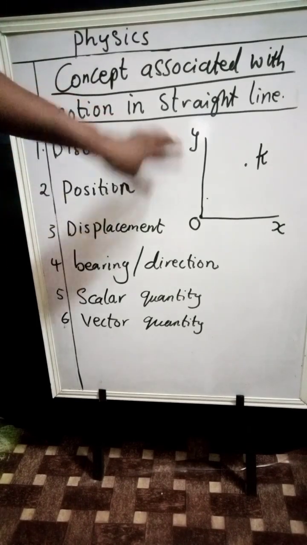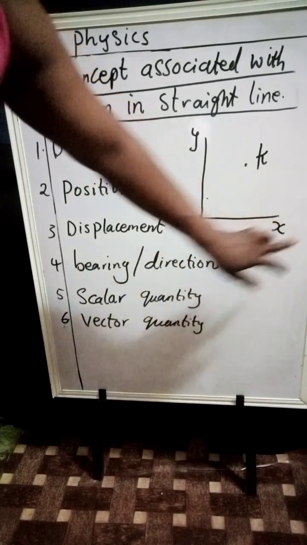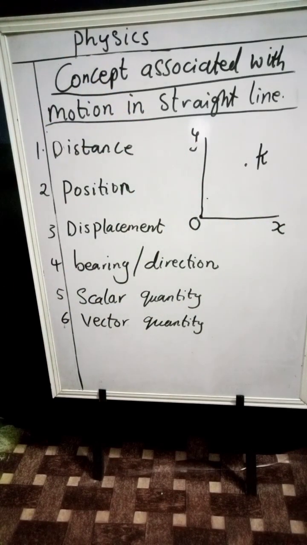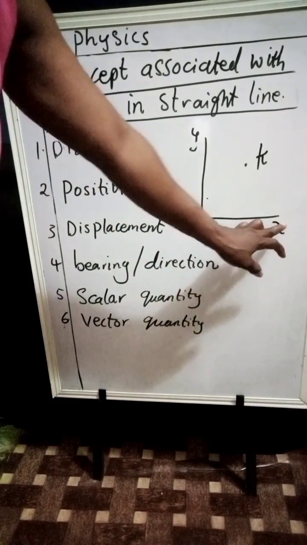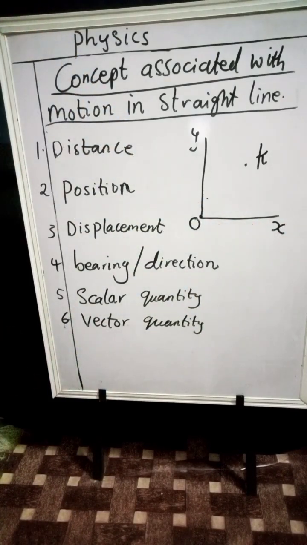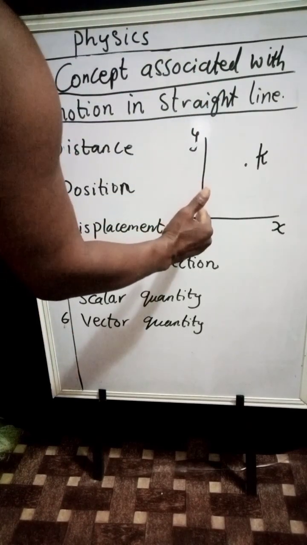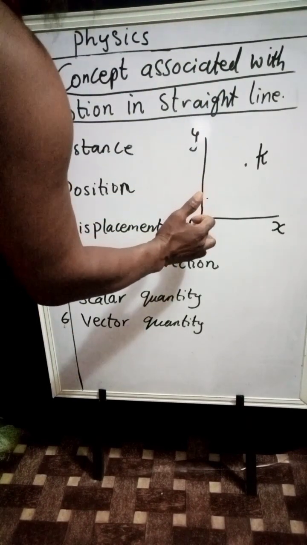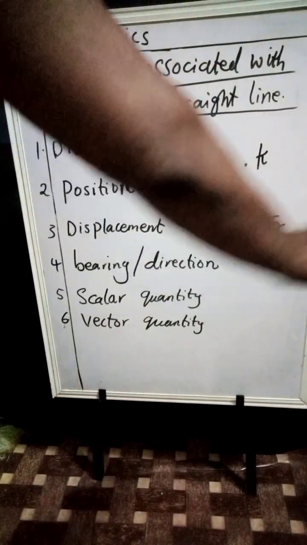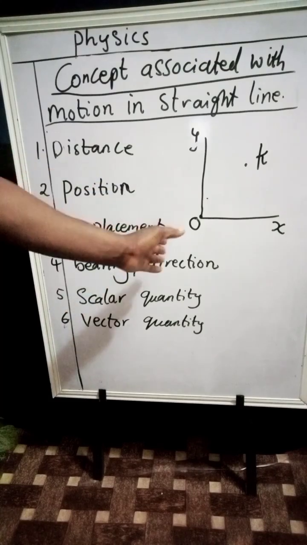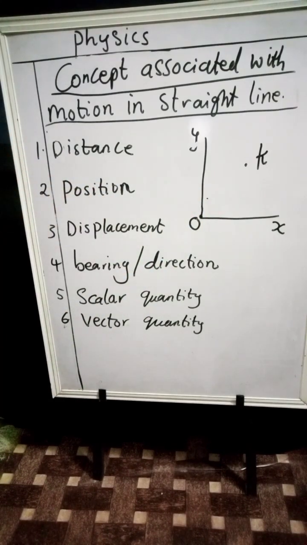So this is now the y-axis and this is what? The x-axis. The OY makes the y-axis and the OX makes the x-axis. By convention, any point from the origin to the right along the x-axis is positive, while points from the origin to the left of the x-axis are negative.